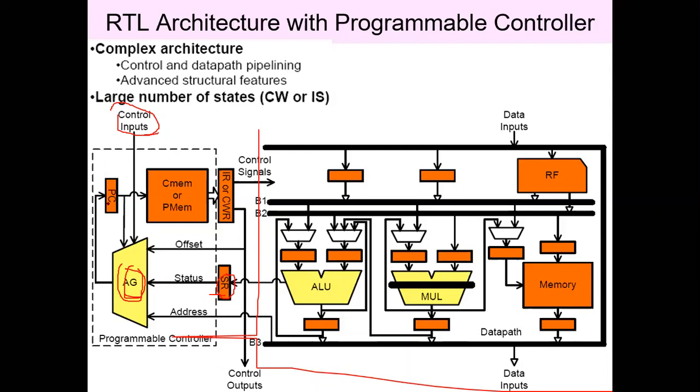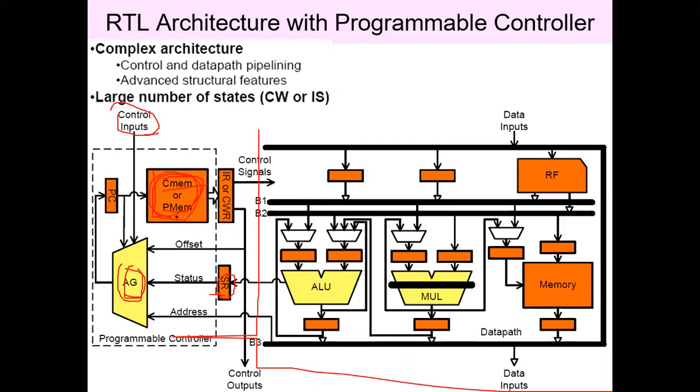So here it is a programmable controller. That means here we have a code memory or program memory, and the corresponding program for this particular controller will be stored in this program memory.